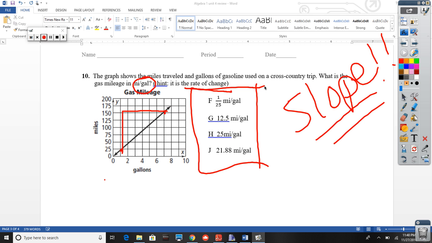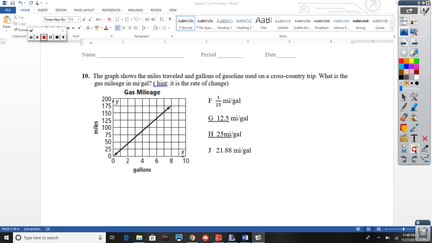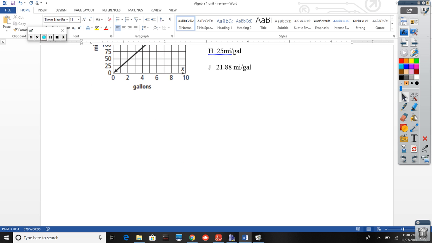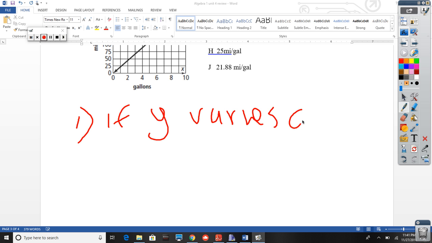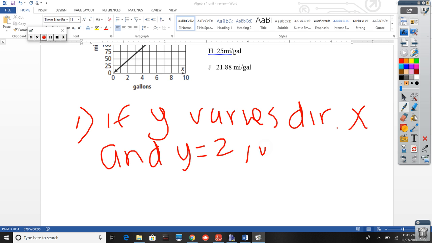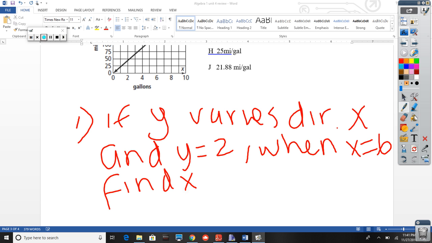Okay, last two things I want to go over, they're not on your paper but you need to go over them, is direct variation. It will give you a problem like if y varies directly with x and y equals 2 when x equals 6, find x if y equals, I don't know, 10, right?